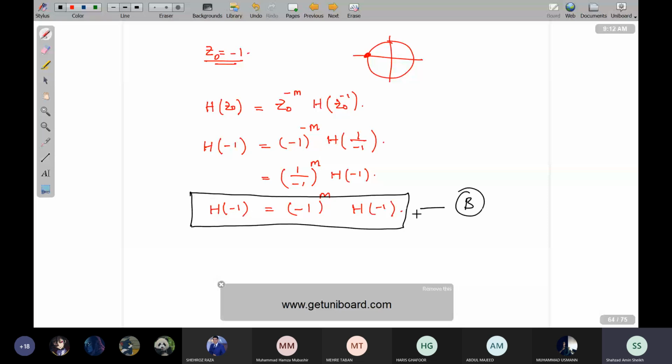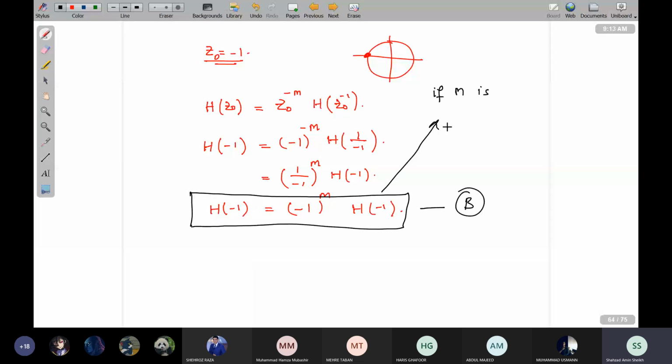What is this observation telling me? Okay, if m is even, then h of -1 is equal to h of -1, no problems, because -1 raised to power 2 will be 1 and everything will be fine.